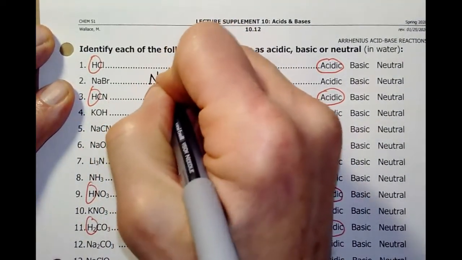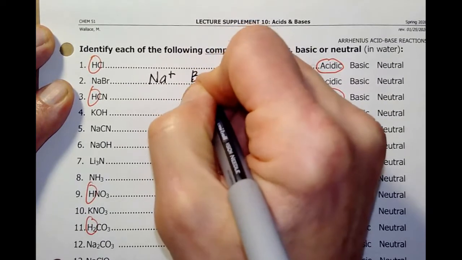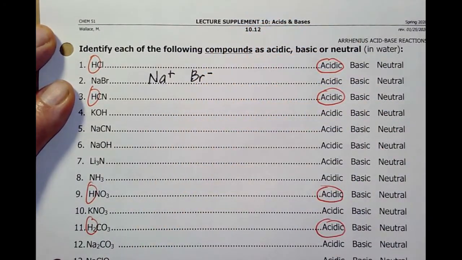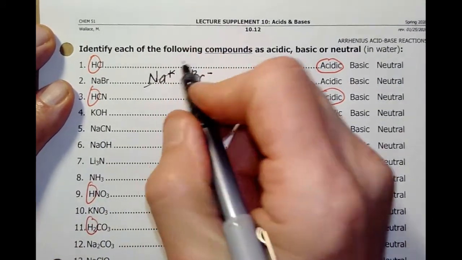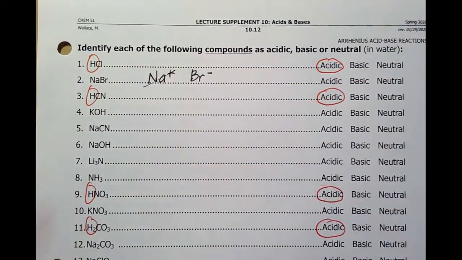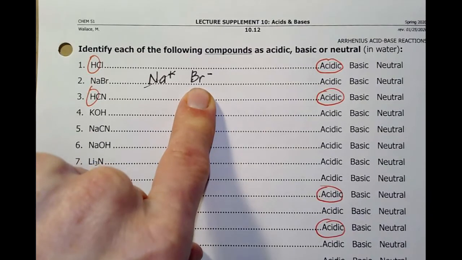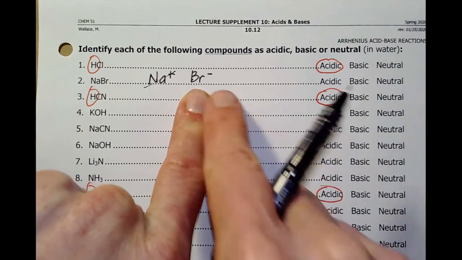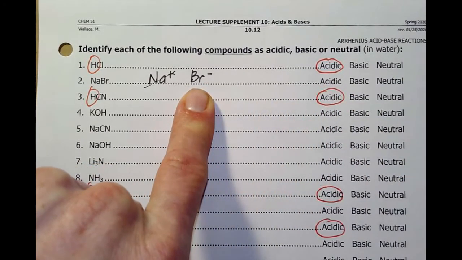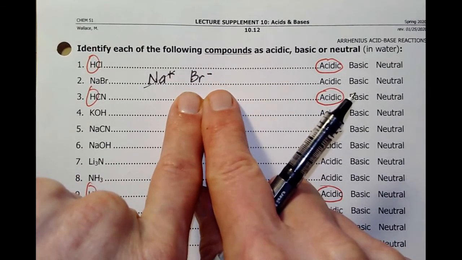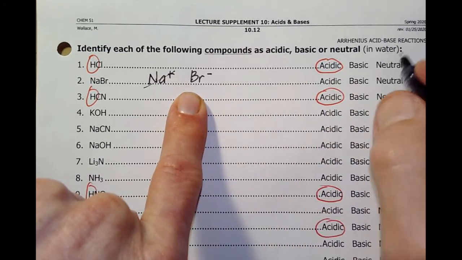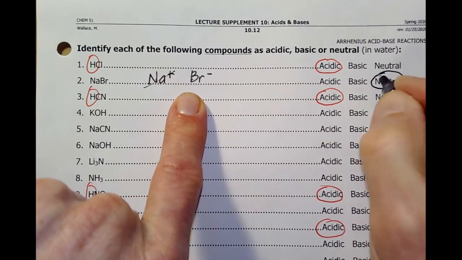I've got sodium, and I've got bromide. I don't really have any rules for cations like that, so I'm just going to ignore that. Oh, we should think anions make basic solutions, right? So I say, oh, there's an anion. I should say basic. Why not? That's the conjugate base of a strong acid. This is actually neutral.